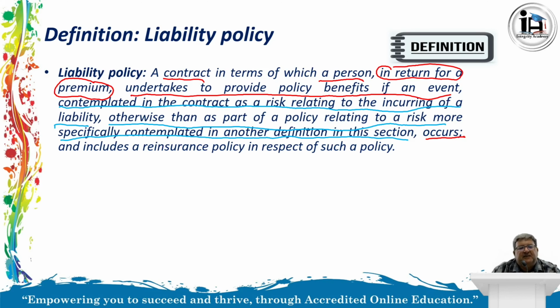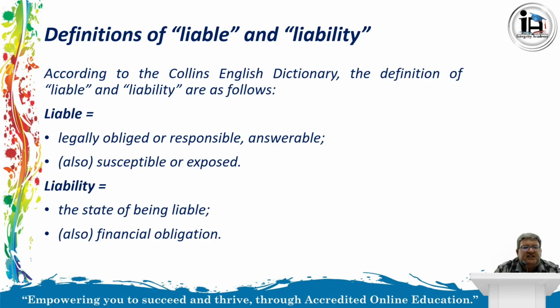All right. So definitions of liable and liability, there's a difference. According to the Collins English Dictionary, the definition of liable and liability are as follows. Liable: legally obliged or responsible, answerable, also susceptible or exposed.